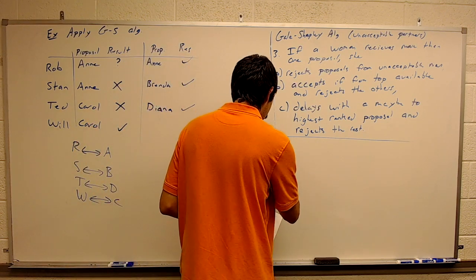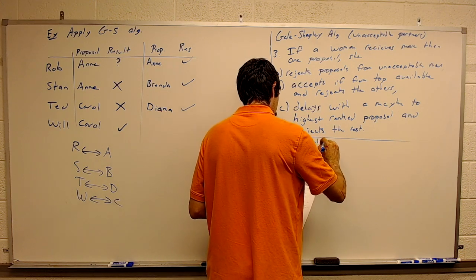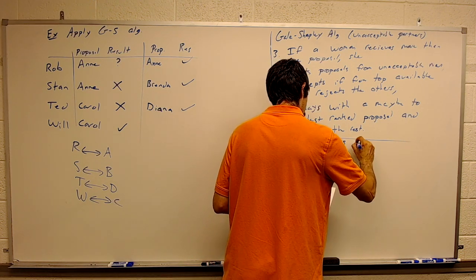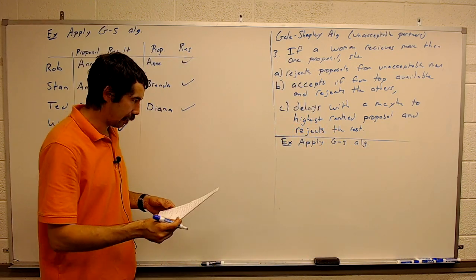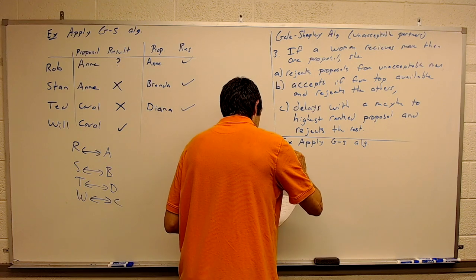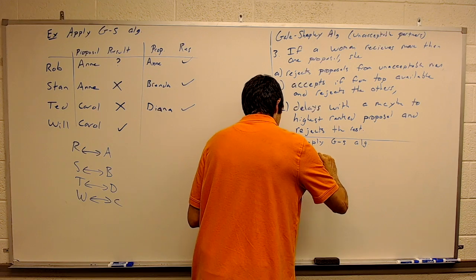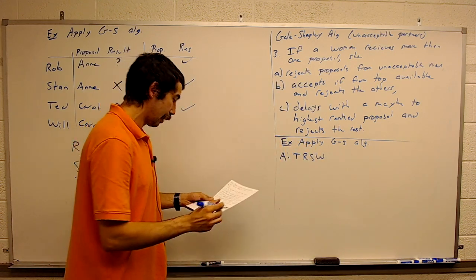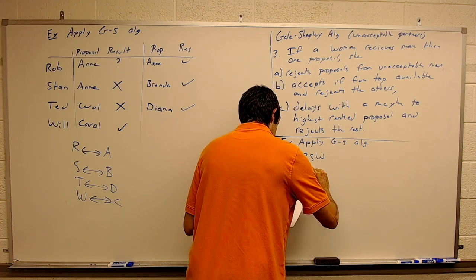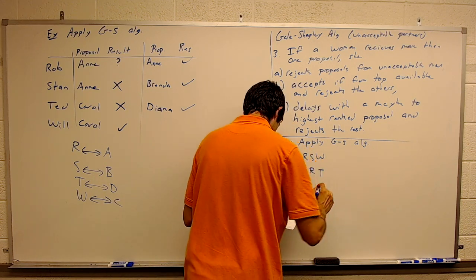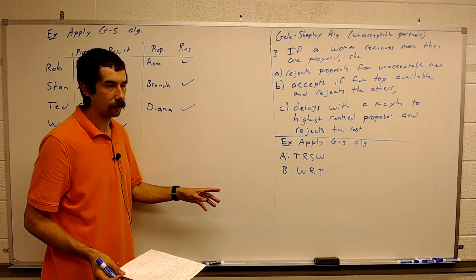All right, so let's do the same thing. Let's apply the Gale-Shapley algorithm. And here are the rankings. So TRSW again. Brenda does not like Stan. Stan is unacceptable to Brenda.